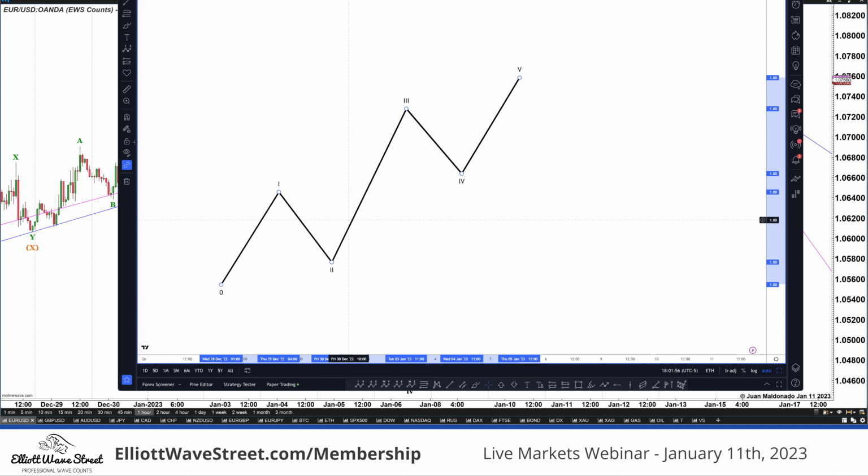From this pattern we can start working with different things. We can start, for example, following the trend, finding trades after the corrective waves, or we can try to go against the trend after the impulsive legs.